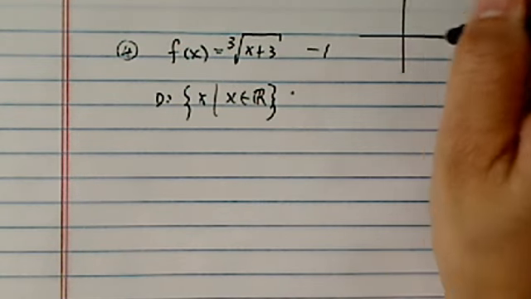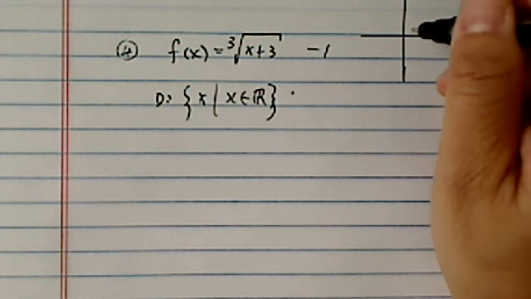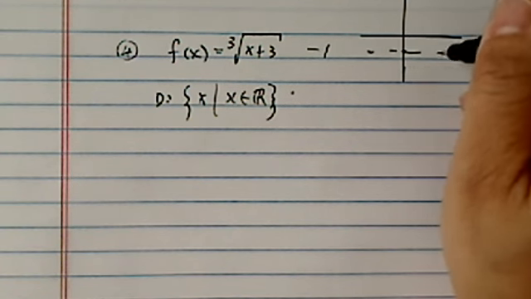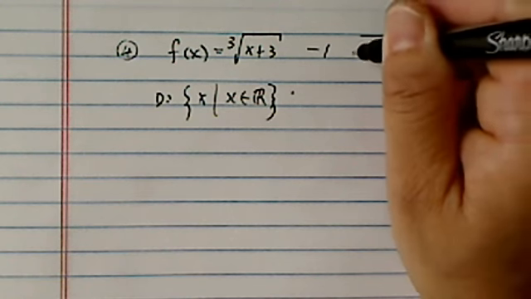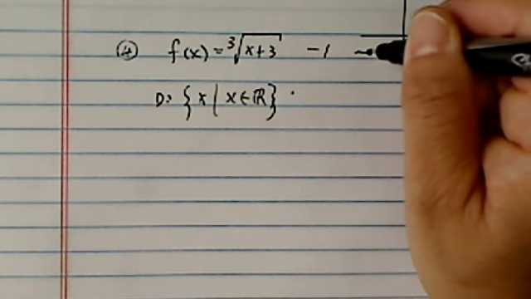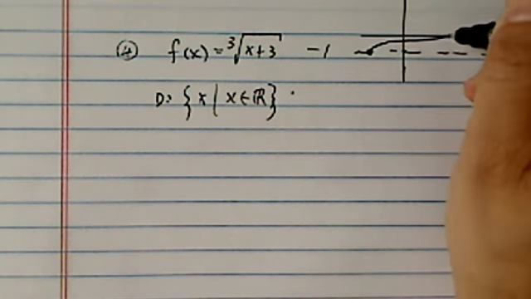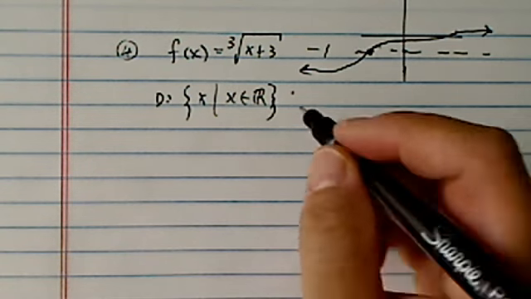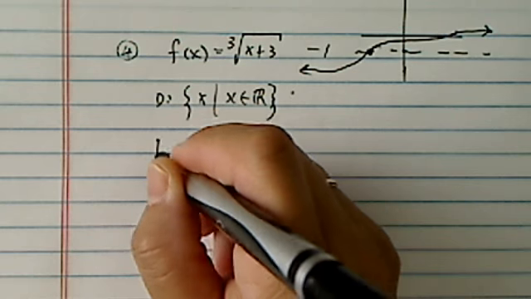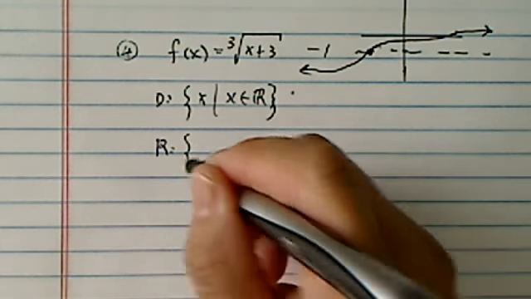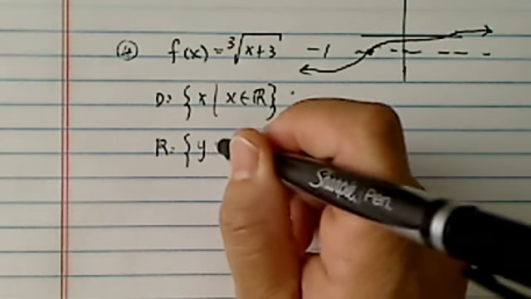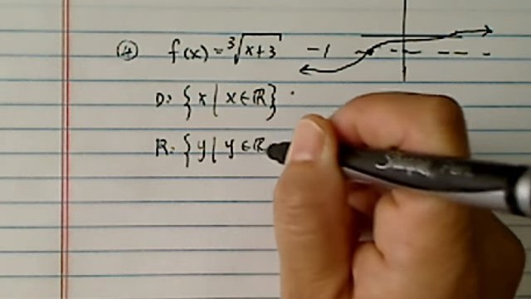The cube root is one of the odd functions, so it's symmetrical in that way, shifted over minus 3, so it's over here. The curve looks like that. So the range, there's no restriction on x, so the cube root can be positive or negative. So y belongs to the real.